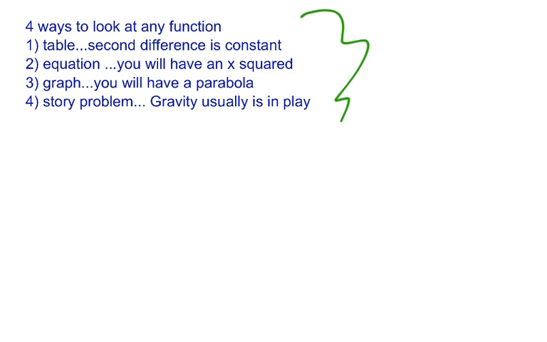The equation will have an x squared, some form like y equals ax squared, like y equals 3x squared. The graph will be a parabola, which is simply a U. And for the story problem, gravity usually is in play, and that's something that tips you off that you're looking at a quadratic function.